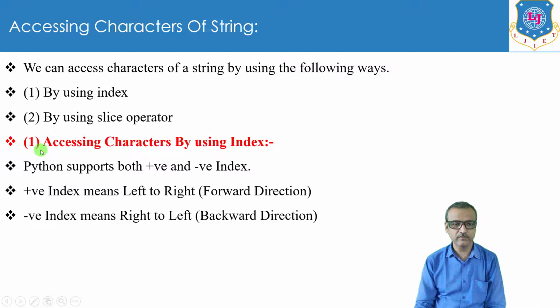First of all, we will see the index method, that is, accessing characters by using index. Python supports both positive and negative index. Positive index means left to right, that is also called forward direction. Negative index means right to left, that is also called backward direction.